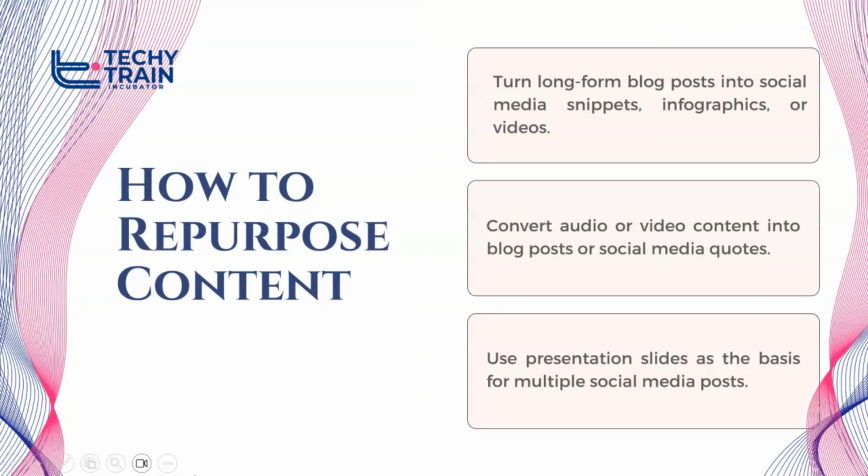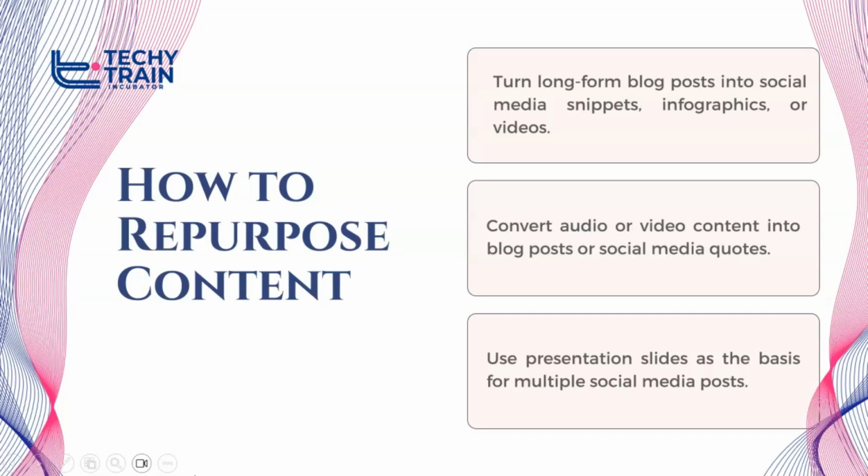So how do you repurpose content? Turn long form blog posts into social media snippets, infographics, or videos. Say you have a long blog post about how to start your fitness journey. You can take one tip from it and convert it into a social media snippet, an infographic, or even a short video of maybe 60 seconds. You can also convert audio or video content into a blog post.